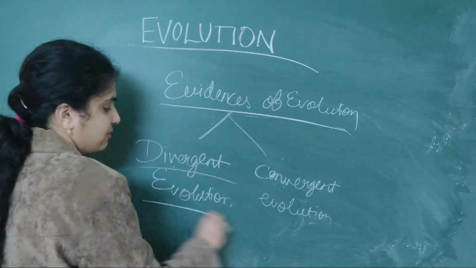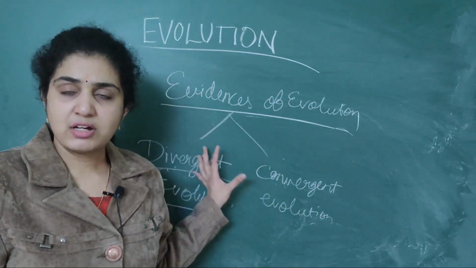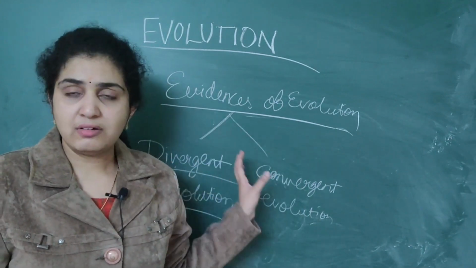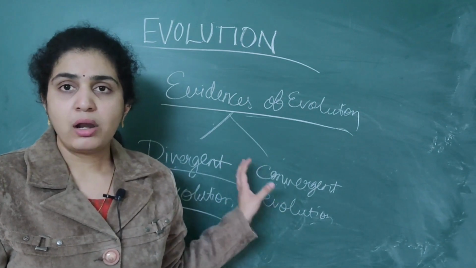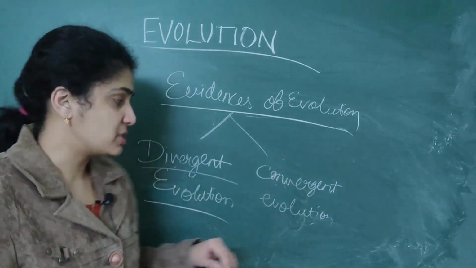When it comes to divergent evolution, I'll tell you the differences. In divergent evolution, the organs have similar anatomy but different functions.